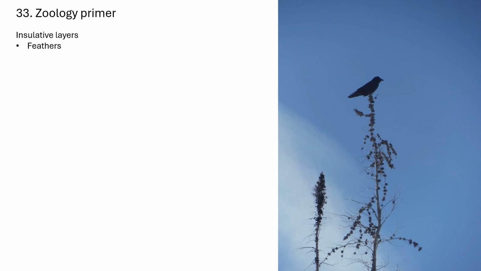And we know that humans can use feathers. We use them in probably some of our most expensive and most effective clothing, or parkas are made with goose feathers. We think of Canada Goose, who has factories here in Winnipeg. So that insulative layer found in the feathers we can also use for our human clothing. Okay.